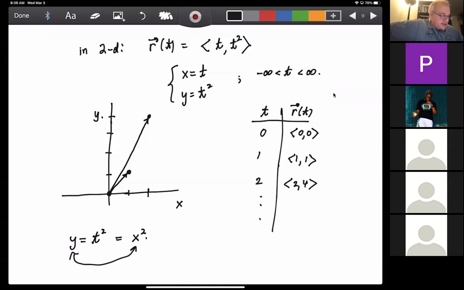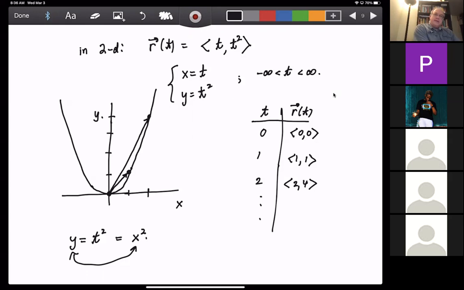So by eliminating the parameter, we can actually see that the curve in the xy plane that we're talking about is this parabola y equals x squared. As t varies, we're getting different points on the parabola. As t varies, we have an arrow with its tail at the origin, whose head is tracing out the curve that we're talking about.